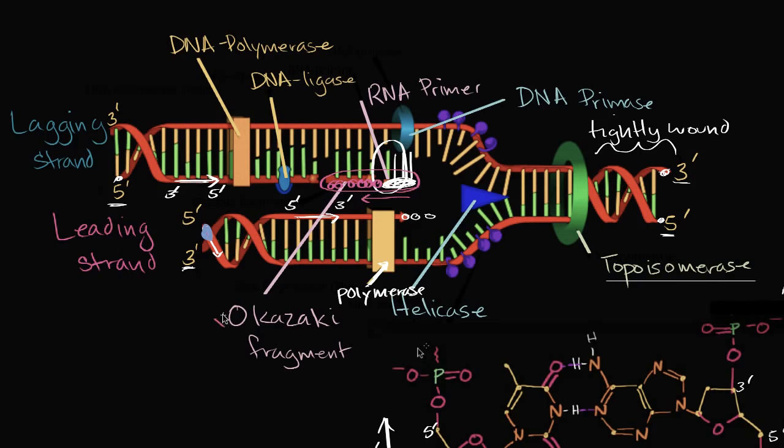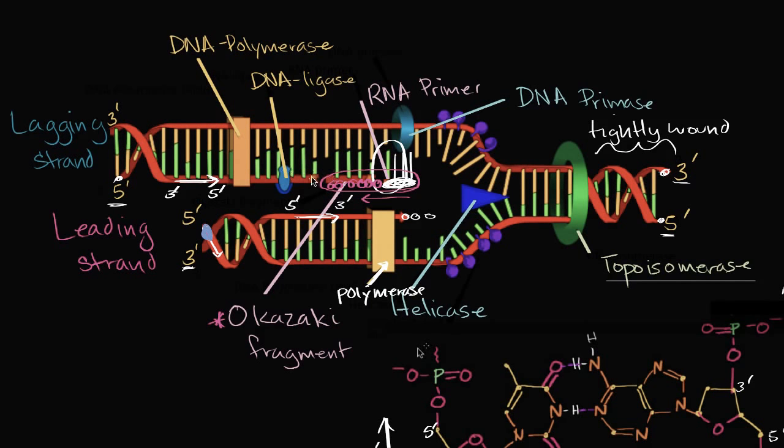So what you have happening here on the lagging strand, why is it called the lagging strand? Well, you have to do it in a way that feels suboptimal, where you have to keep creating these Okazaki fragments as you follow this opening. And so it lags. It's going to be a slower process.